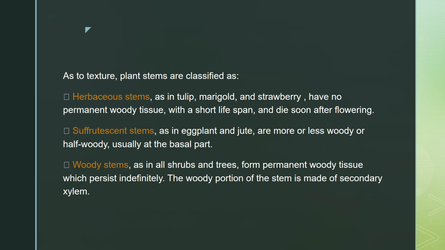The tree is higher than shrubs, about 6 meters or over 6 meters in length, and the length of shrubs is less than 6 meters.